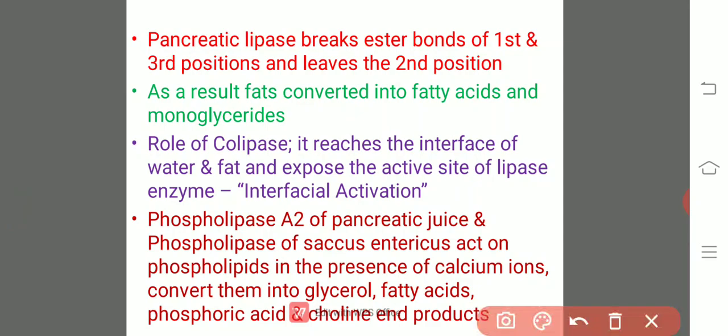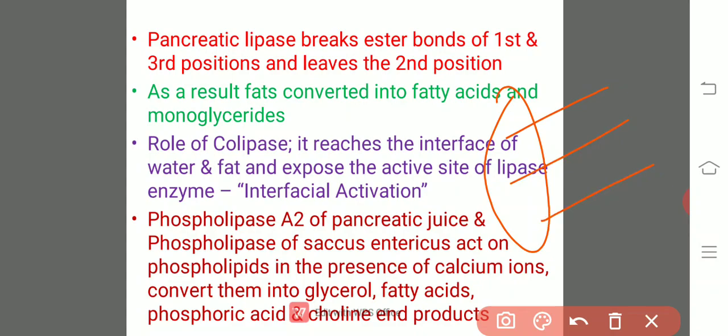For example, this is the glycerol molecule with 3 fatty acids, let us assume.